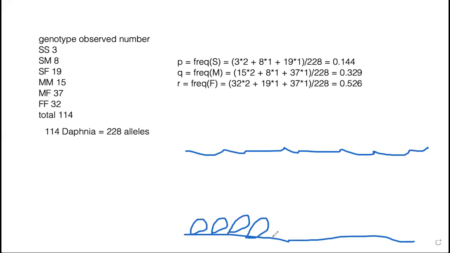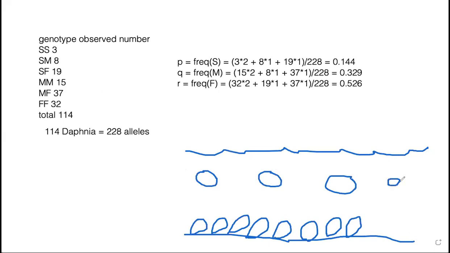I know we've gone from Daphnia to oysters, but bear with me for a sec. And remember how we got that Hardy-Weinberg relationship in the first place. We imagined that all these oysters fired off a bunch of eggs, not drawn to scale, and a bunch of sperm. And then we envision probabilities of picking eggs and sperm out of this pool.